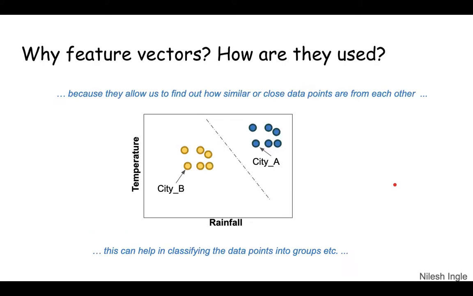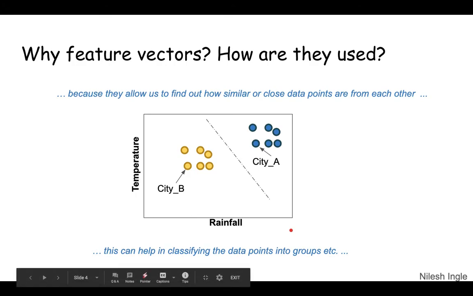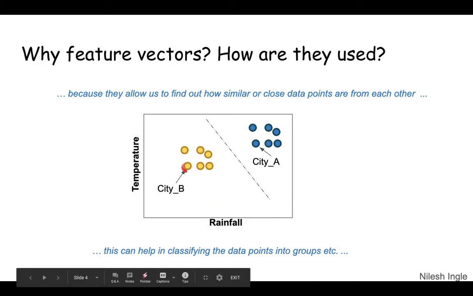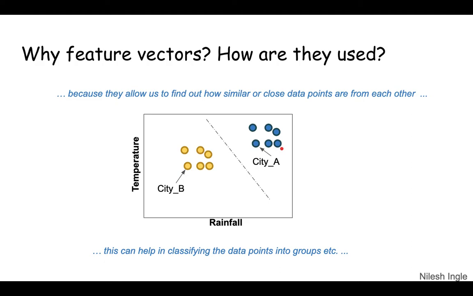Now, why do we need feature vectors and how are they used? If we look at this particular figure here, we are trying to group the cities based on rainfall and temperature. As we can see, city B is in a different group, which is yellow dots, and city A is in a different group, which are blue dots.